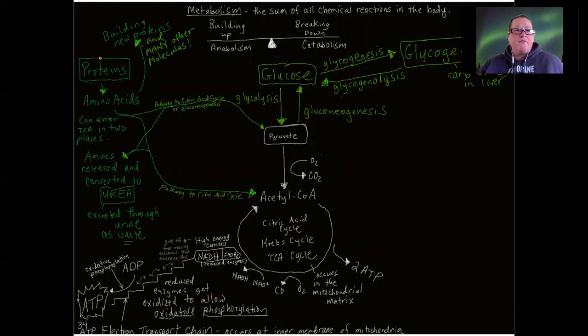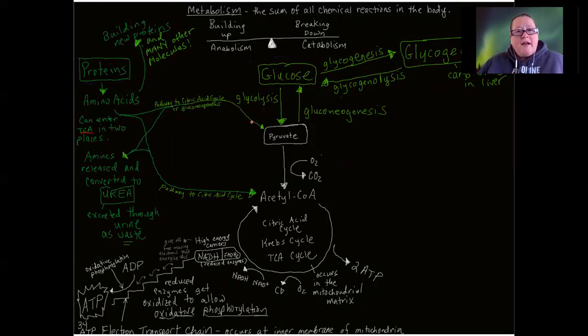So let's start here with proteins. Our proteins get broken down into amino acids. These amino acids can be used to build new proteins, and they can be used to build many other molecules. So the amino acids can enter the citric acid cycle in one of two places.